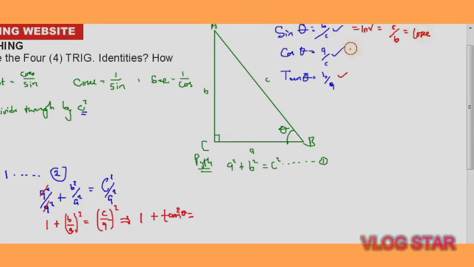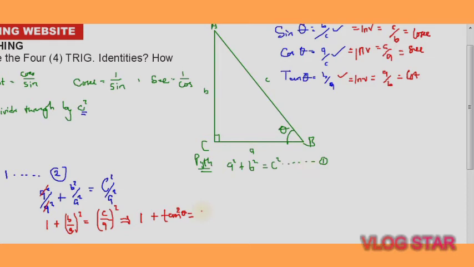Then the inverse of cos, instead of a over c, becomes c over a, and we call it sec. The last one is the inverse of tan: instead of b over a, it is a over b, and we call it cot. So this is what we're also going to make use of.